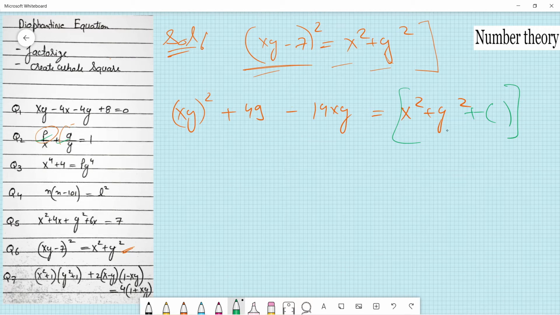That could be helpful, but I also want a number on the right hand side. So let's see where adding 2xy will take me.